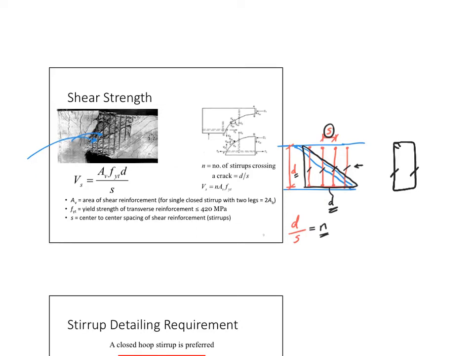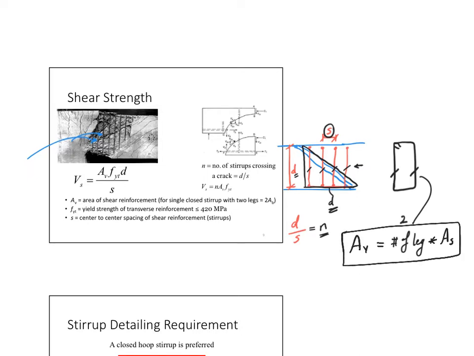The number of legs, in this case, is 2, right? Because I have one over here and one over here. So this is a 2-leg stirrup. The number of legs multiplied by my area of stirrup is the area of steel for the shear.